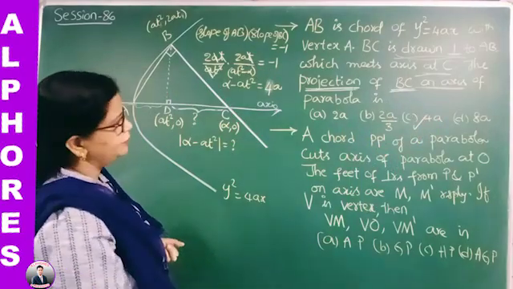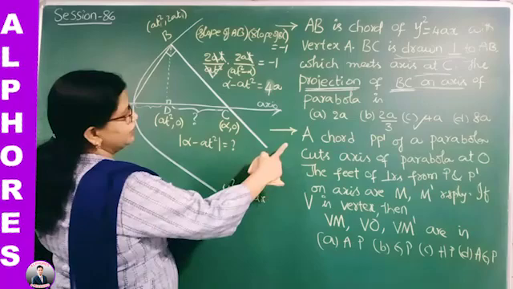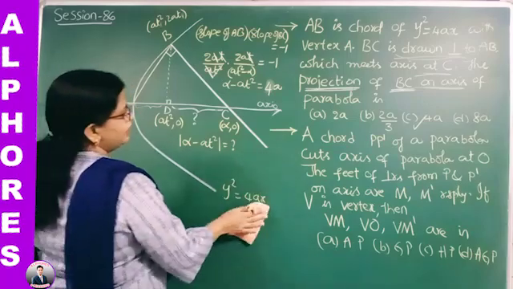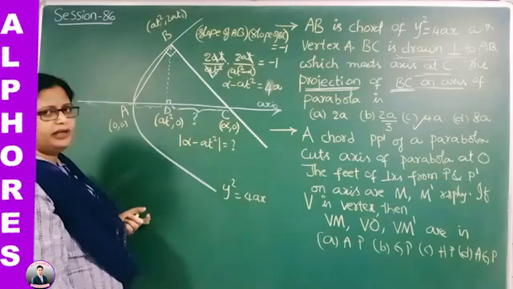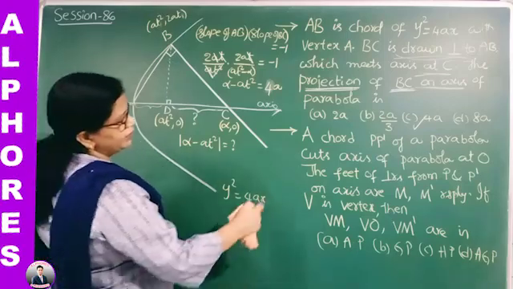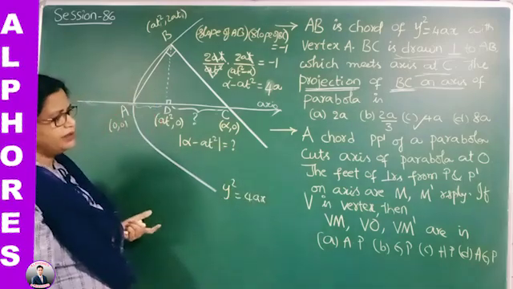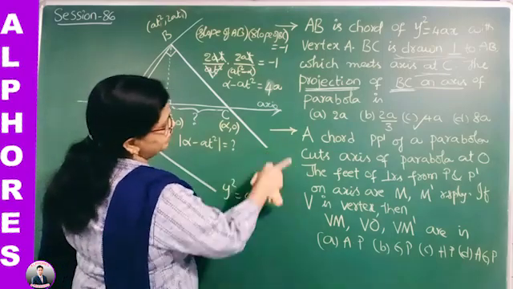Okay, and now let us observe the second problem, that is a chord PP dash of a parabola. A chord PP dash of parabola cuts axis of parabola at O. Understand, at O. They didn't mention whether it is origin or anything, and moreover they did not mention the equation of parabola.